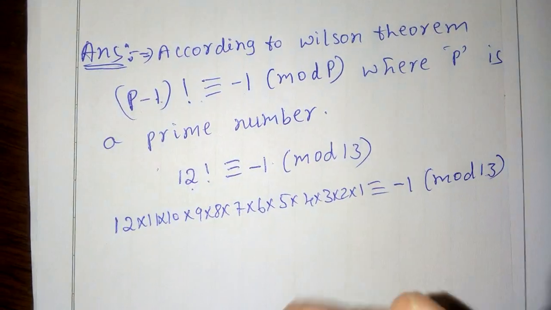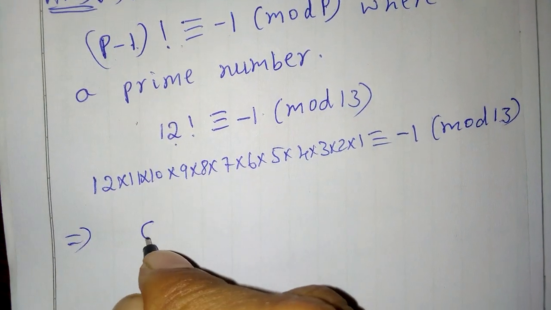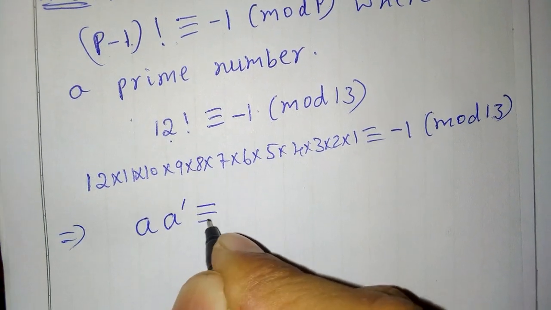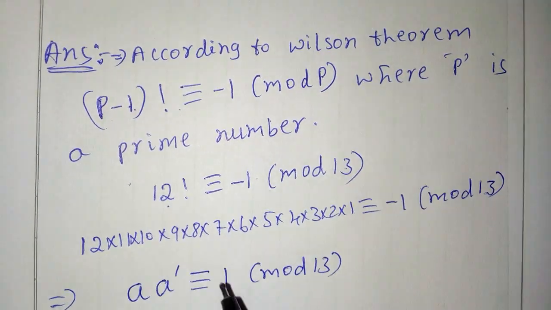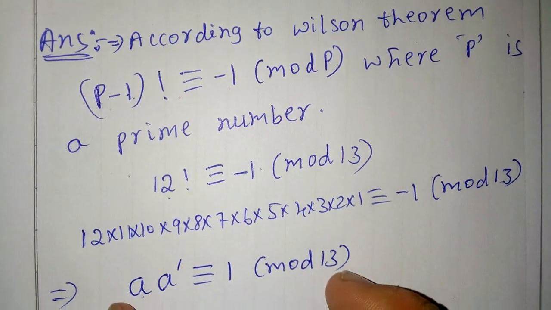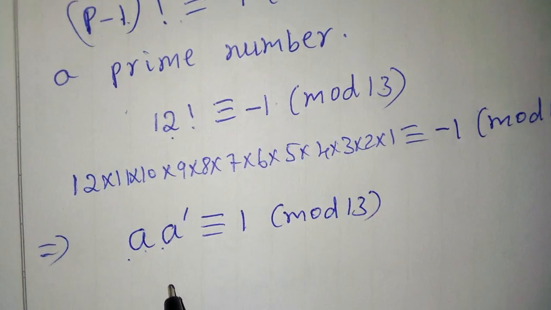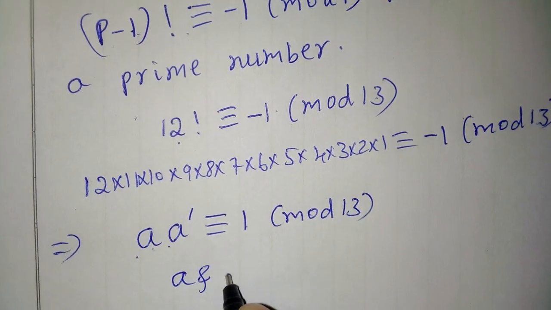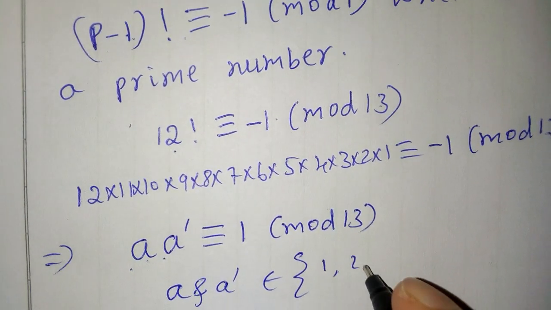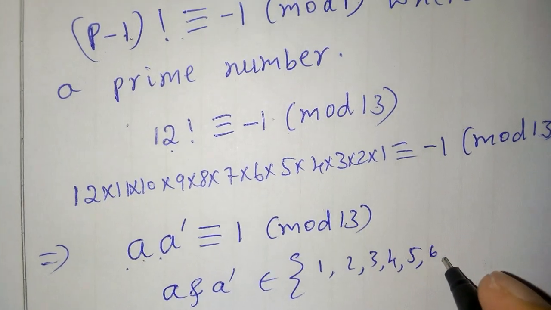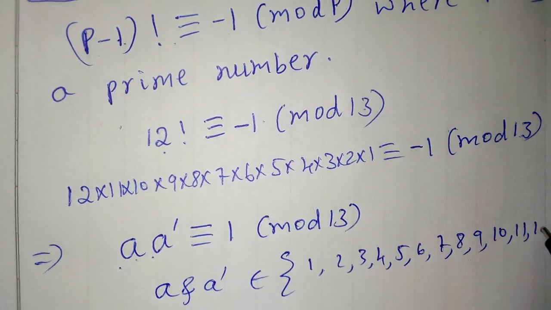To prove this theorem, we have to consider a linear congruence a a dash and 1 are congruent mod 13, such that a and a dash belong to 1, 2, 3, 4, 5, 6, 7, 8, 9, 10, 11 and 12.